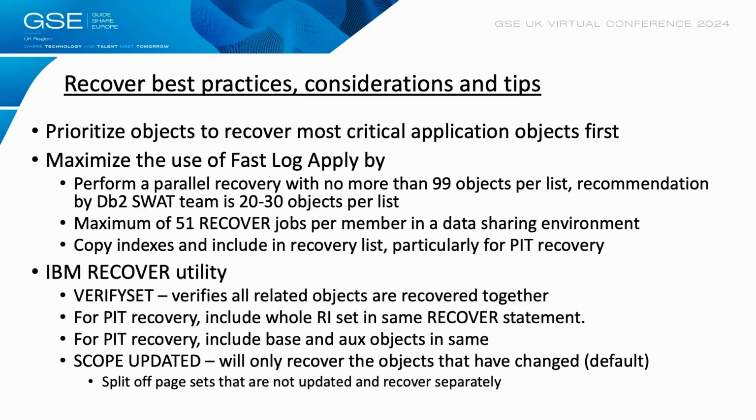So considerations, right? Prioritize objects, fairly simple, but if you've got to do the first ones first, do them, right? Make them number one priority, get those going straight away. If they were the most critical application objects first, in my book, I'd probably copy yes, for the large tables there.